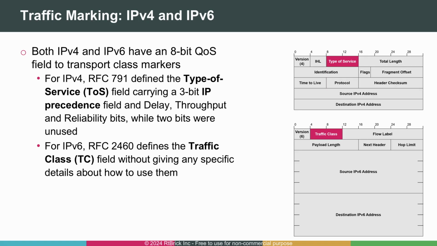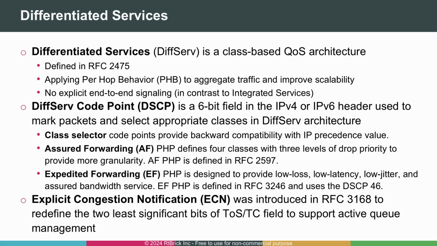Since IPv4 and IPv6 are used side by side in modern networks, it makes little sense to maintain different QoS models for each. Several specifications therefore define unified frameworks that apply to both protocols. The most commonly used QoS framework today is the Differentiated Services Model, or DiffServ, which is a class-based QoS model defined in RFC 2475.